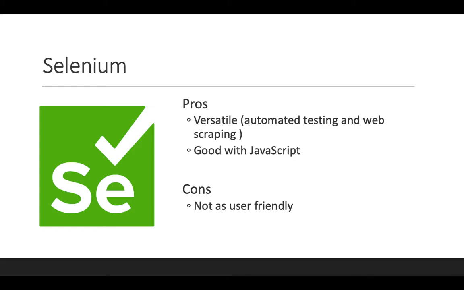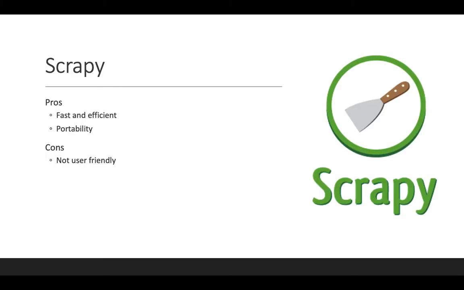And on that note, let's talk about the tool that is not as slow when it comes to scraping large data sets. And this is Scrapy. Scrapy is quite fast and efficient, and this is because it is written with a popular event-driven networking framework for Python, and it gives Scrapy some capabilities.